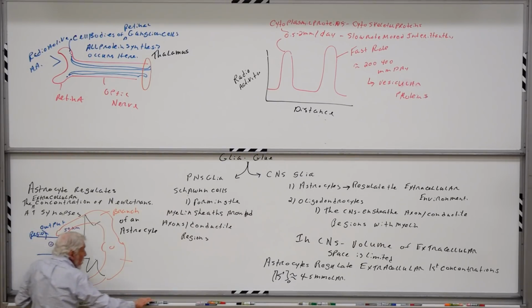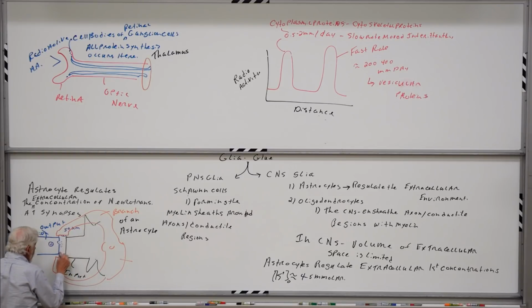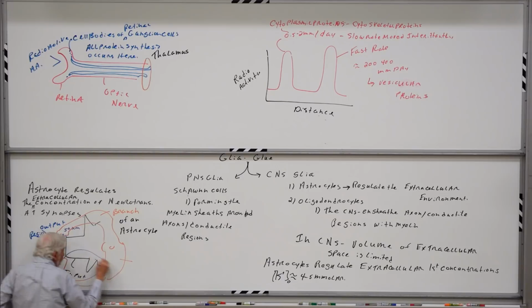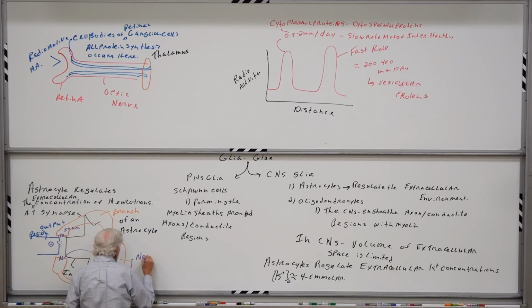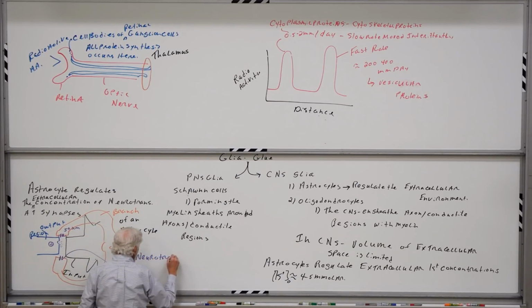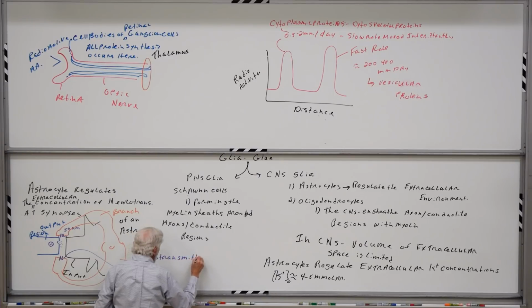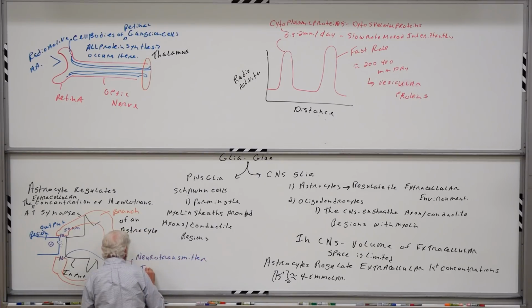Then there are transmembrane proteins on the astrocyte here, which are neurotransmitter transport proteins.